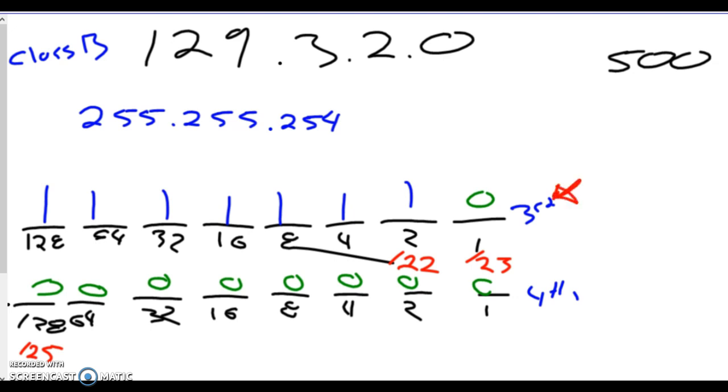If we use this last one, we have 255, but we're not using that last one, so it's going to be 254, not using the fourth octet at all, so it's going to be a 0. So now we're supernetting to class B. We have the subnet mask for each network requiring 512, which gives us 510 usable. 500 fits into 510.